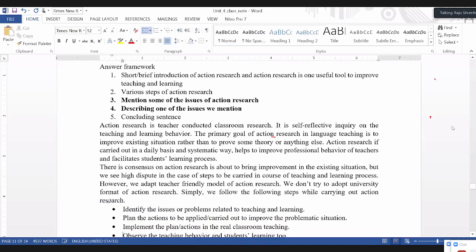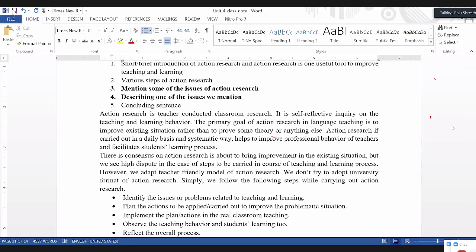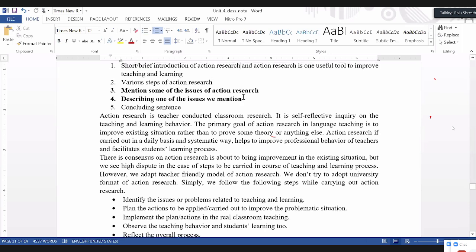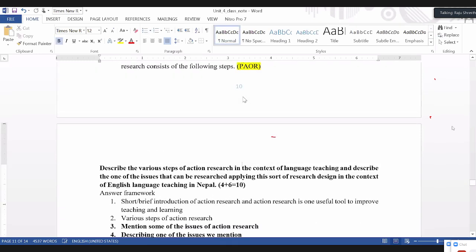So action research is important. Again, I am repeating this, either for secondary or for lower secondary, this question may be asked. This is related with the teaching and learning process, and every teacher is an action researcher. Action research is research we conduct in the classroom situation in the process of teaching and learning.